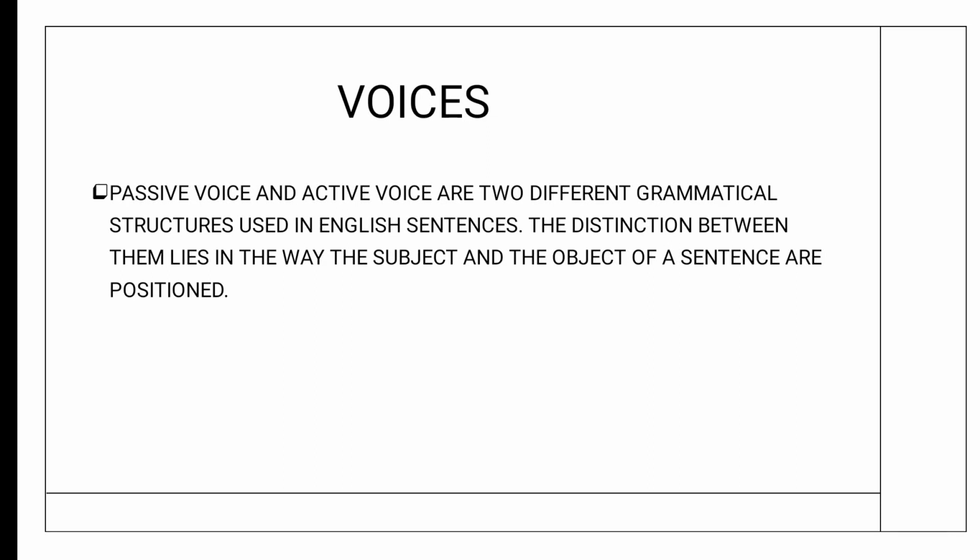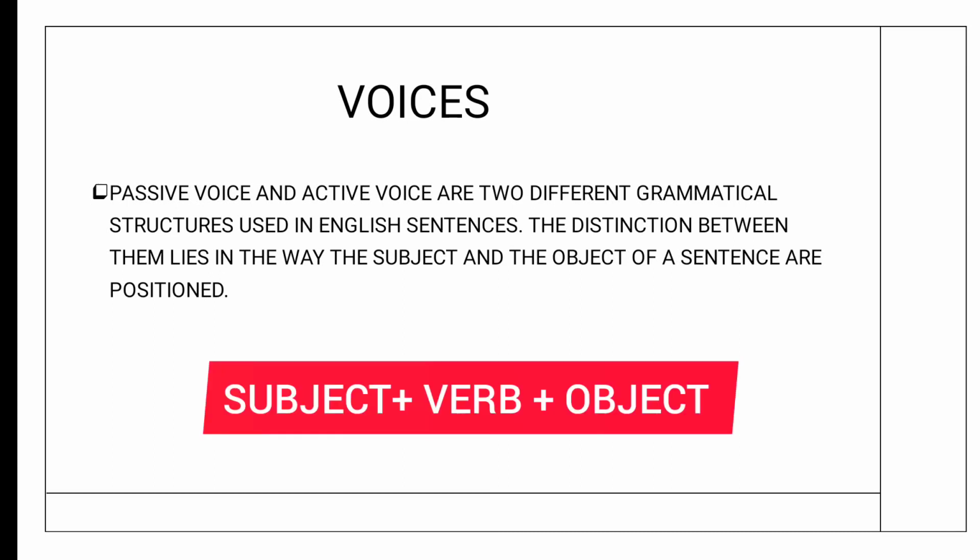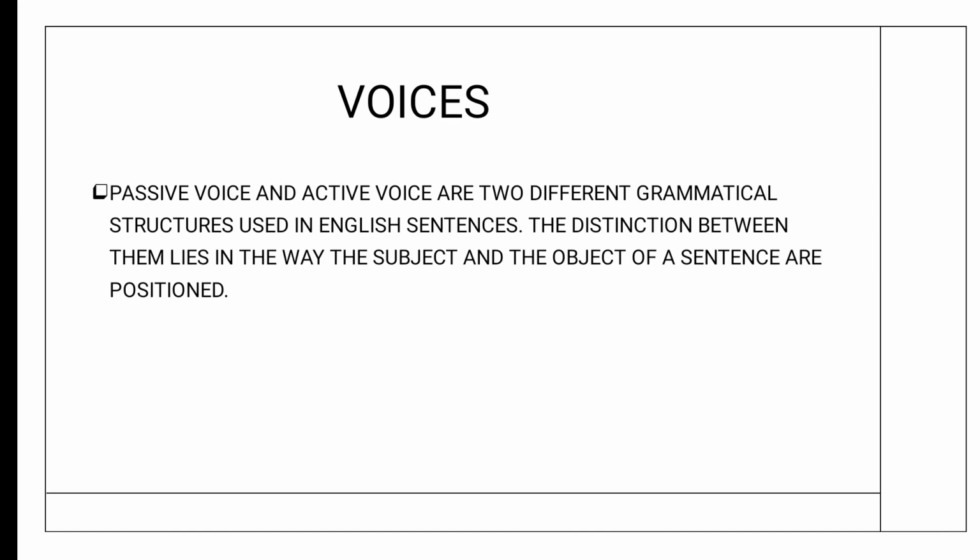The normal formula to form a sentence is subject plus verb plus object. Here the first one is subject and the last one is object. Depending upon the way the subject and object lie in the sentence, we differentiate passive voice and active voice. I hope it is clear.